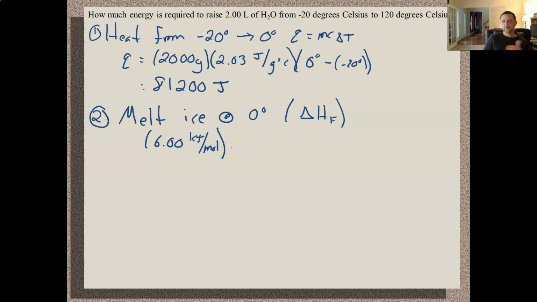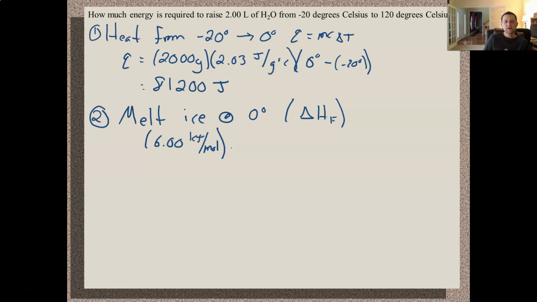The units here are key, all right? So we're in kilojoules here. I need to make sure I'm consistent between the different parts of this process. What I need to do then is convert 6.00 kilojoules per mole into joules. I need to cancel out moles here, right? I need to figure out how many moles of water I have.